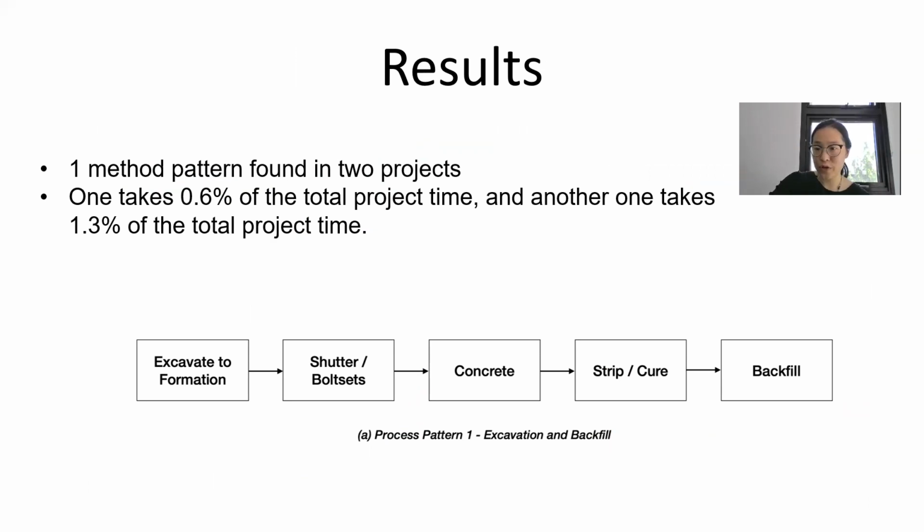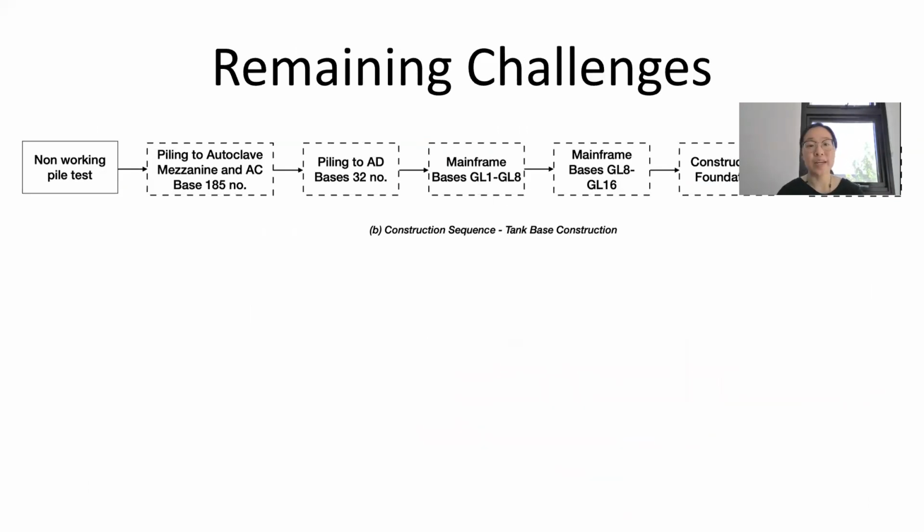Even though the result is very promising, we still have some problems existing in this study. That is the difficulty to distinguish 2 similar activities. For example, the second activity you can see in this sequence, piling to AC maintenance level and AC base 185, versus the activity connected to it, piling to AD bases 32.